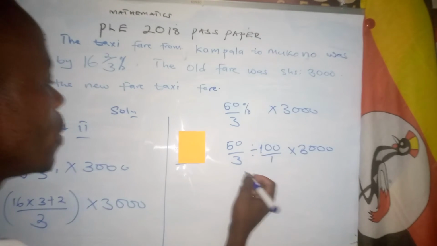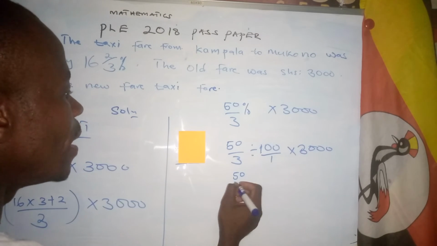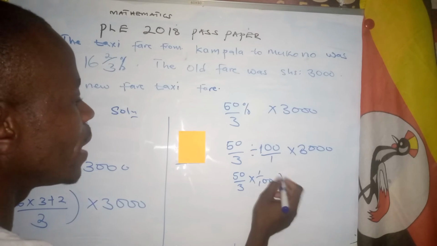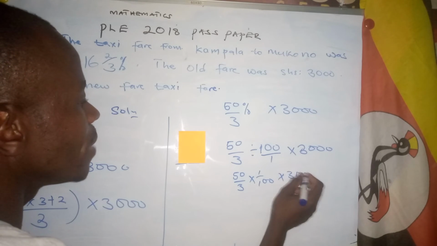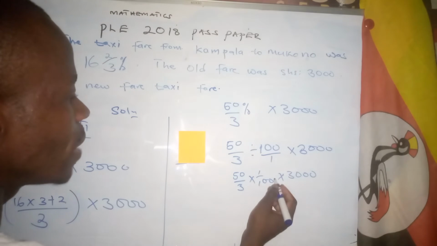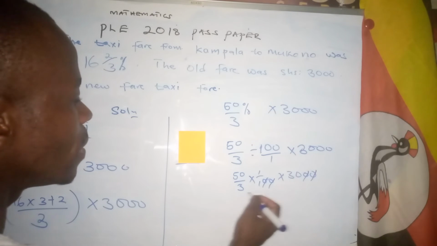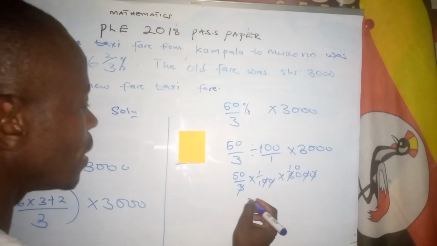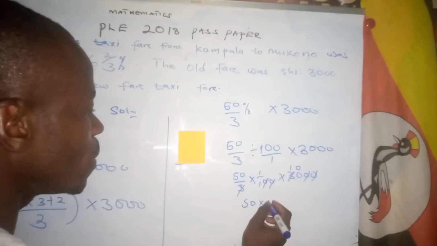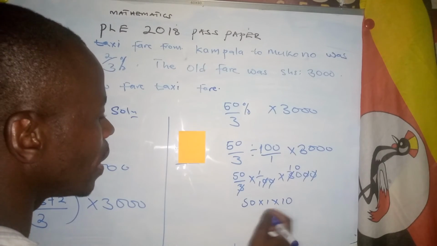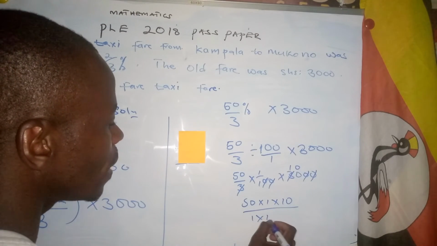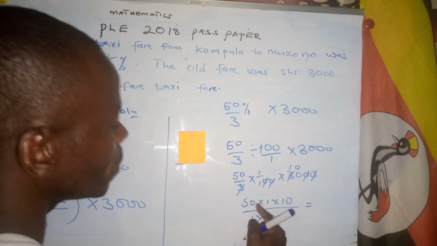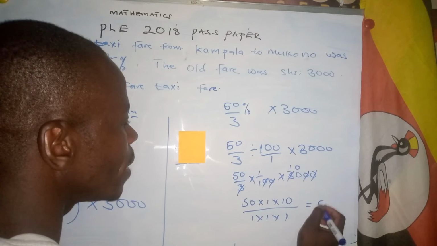Here make the reciprocal. 50 out of 3 times 1 out of 100 times 3,000. Cancel the zeros, 3 by 3 is 1. 50 times 1 times 10 out of 1 times 1 times 1. 50 times 1 times 10, you get 500.